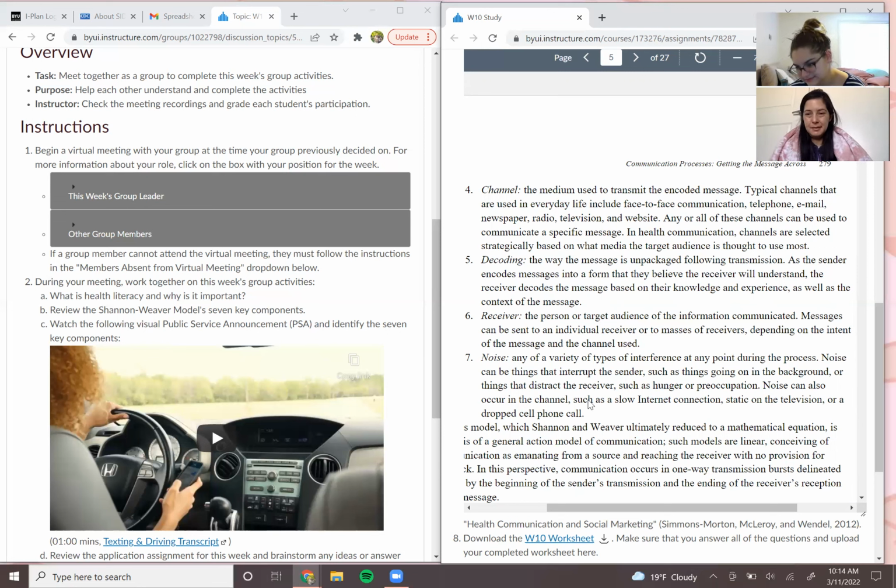It could be distractions, noise, real noise, like in the background. Yeah, or even noise in their head, like we talked about teens vaping, and a noise I was thinking of could be peer pressure that could turn them away from the message.